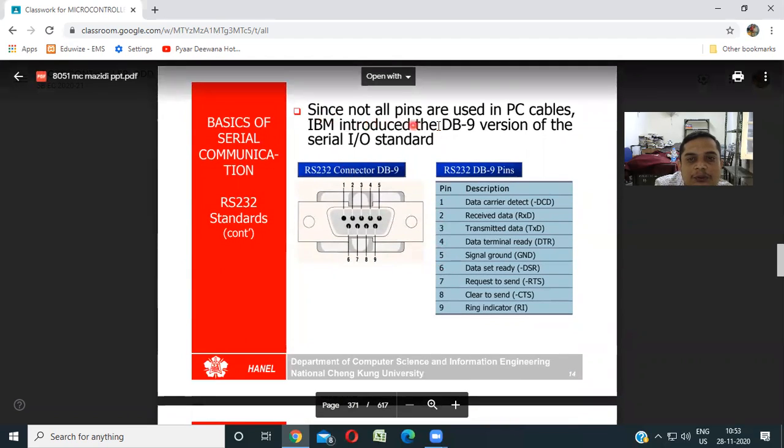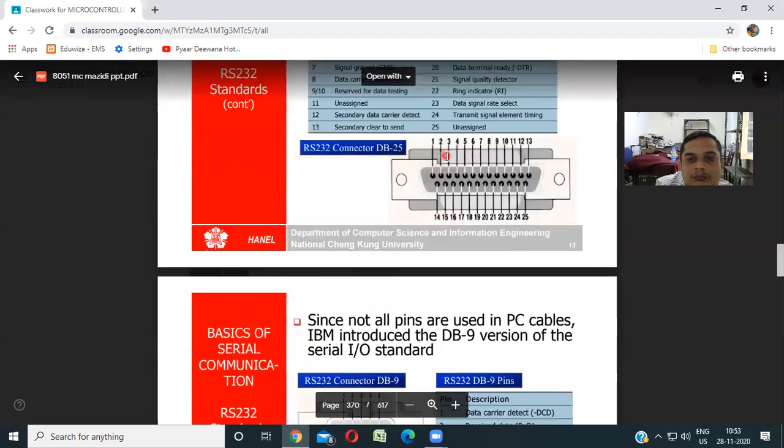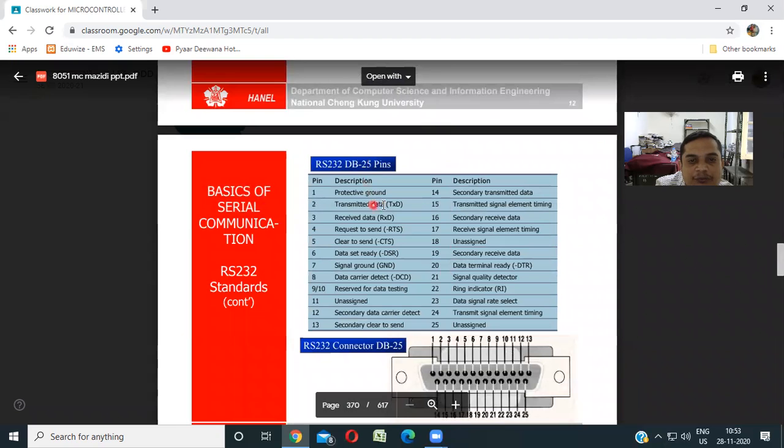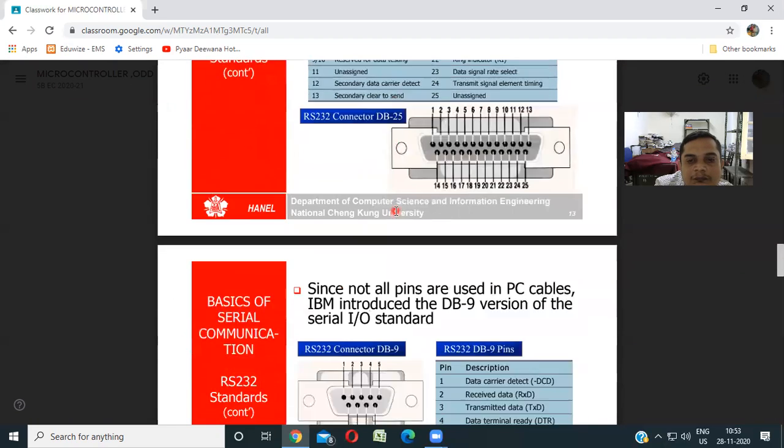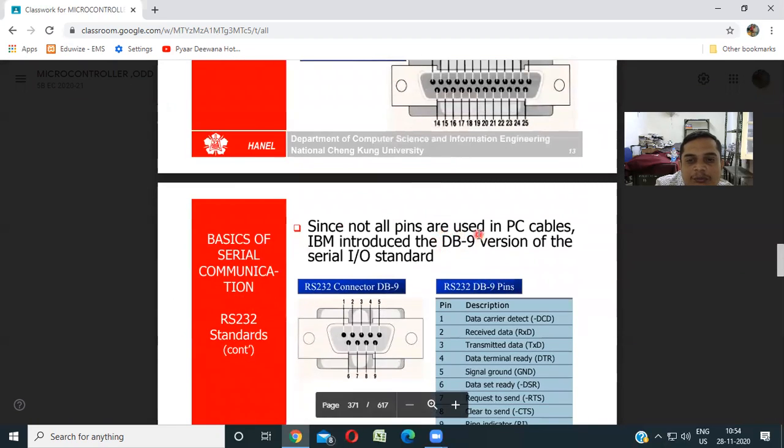Since not all pins are used in PC cables, IBM introduced a more simplified version. Instead of 25 pins, present day we are using DB9. You might have seen this type of connection, the keyboard connected to the computer's port. This is the figure, the DB9.